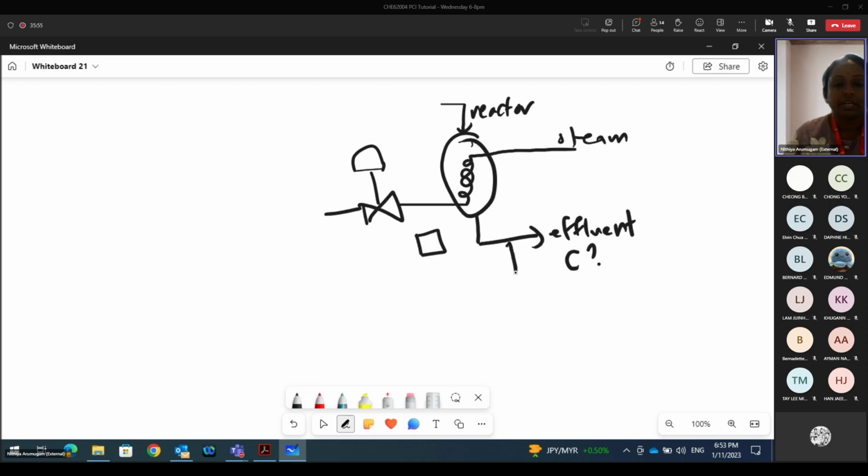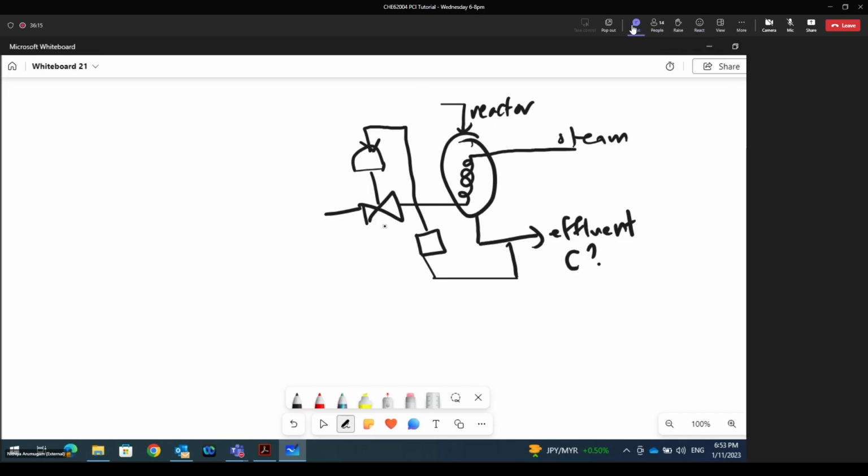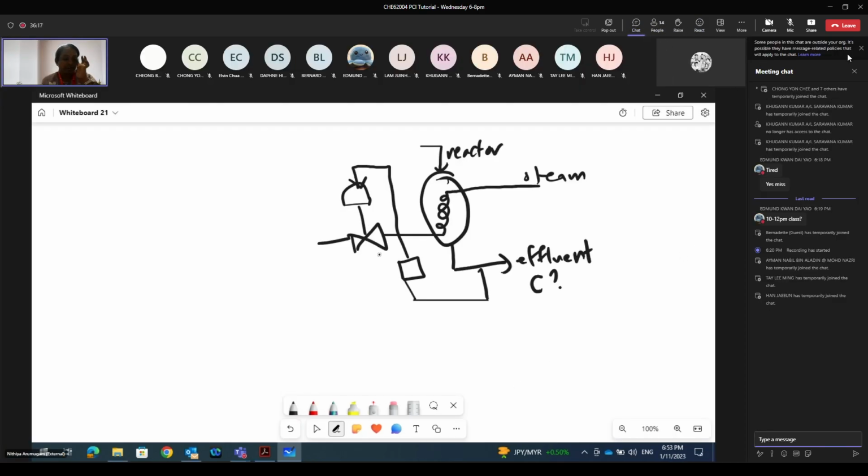This one will be coming out from the effluent portion. The reading will be read by the controller, which adjusts the valve that is going through here. So this is a controller with a 10% step change in valve.